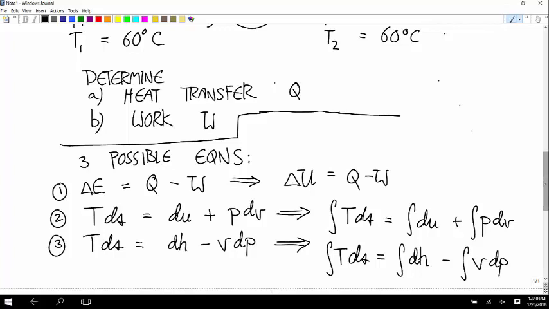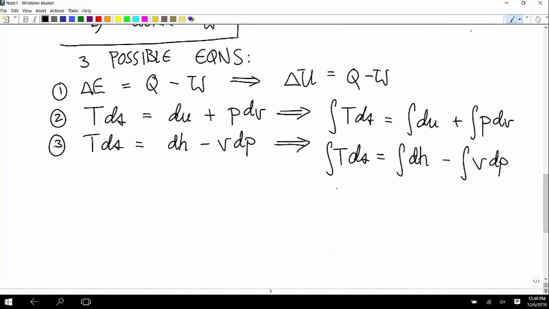Okay, so let me keep going with 2 and 3 here.